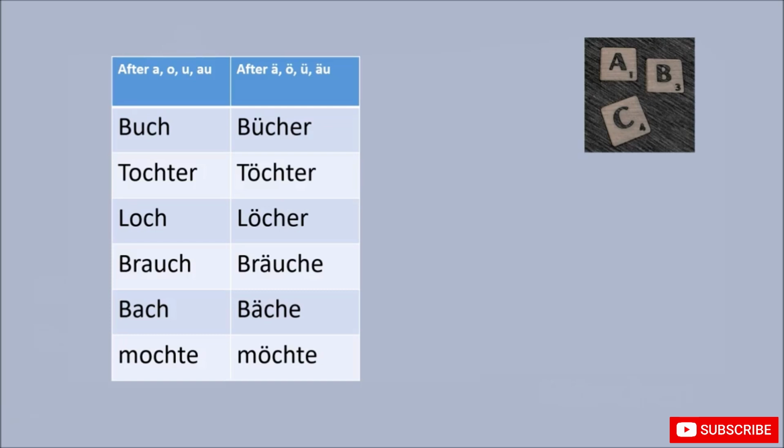Loch, Löcher. Brauch, Bräuche. Bach, Bäche. And this is not a singular plural, but in the past tense, imperfect tense, it's mochte, and the conditional it's möchte.